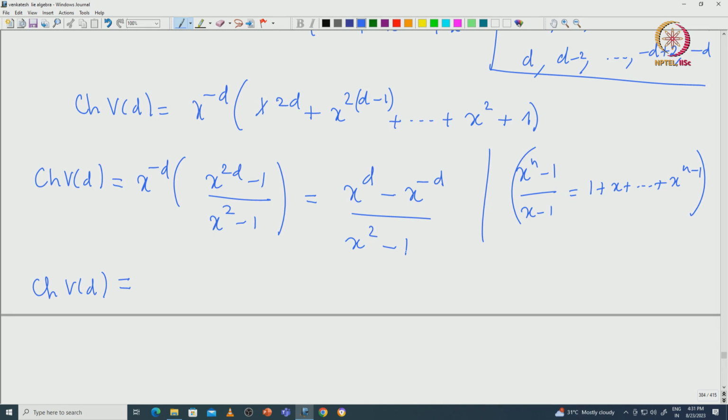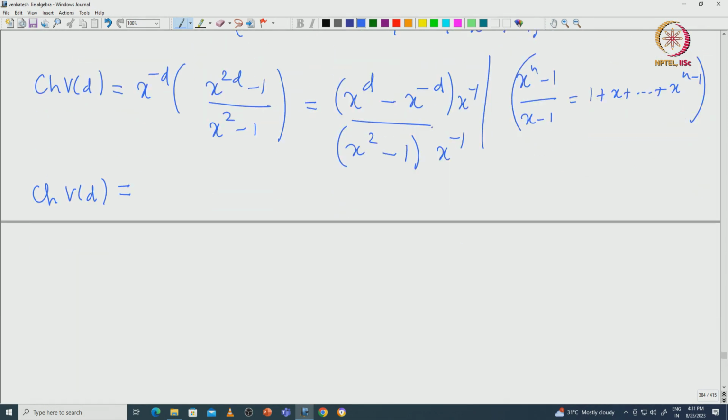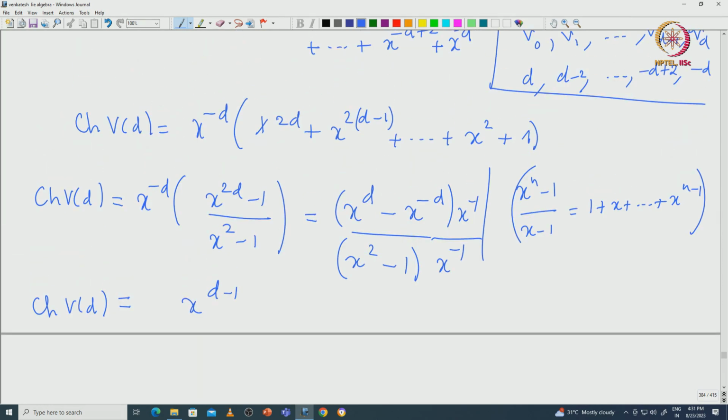Now you multiply and divide by x^(-1) in the numerator and the denominator, then what do you get? It starts with x^(2D), so this has to be plus.